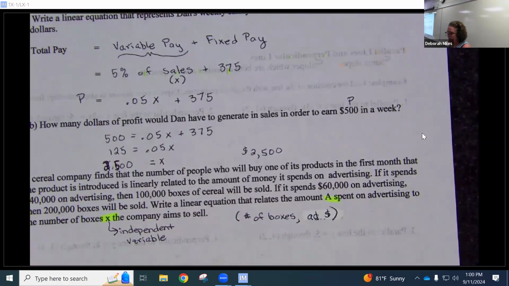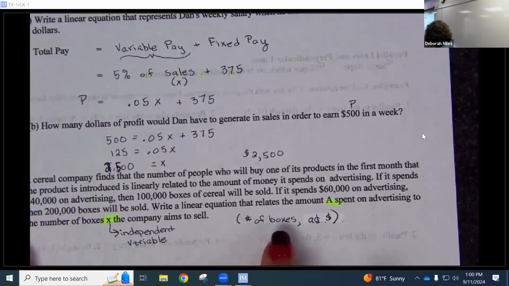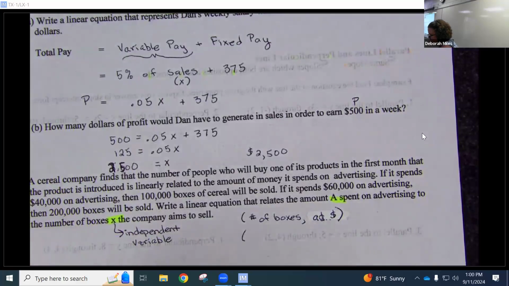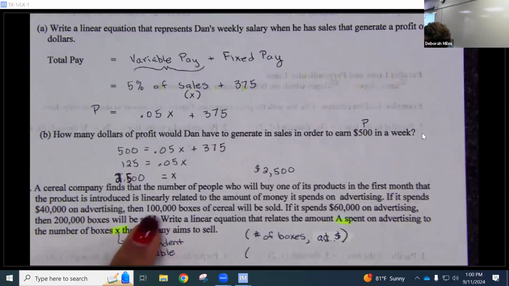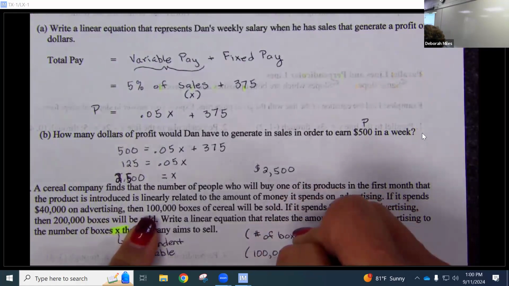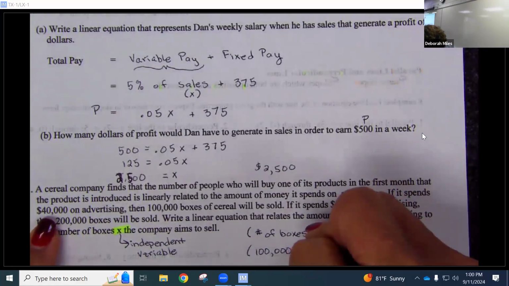So I just want to make sure that I have both ordered pairs set up, boxes, comma, dollars. The first ordered pair is number of boxes, 100,000 boxes. They would have to spend 40,000 on advertising.